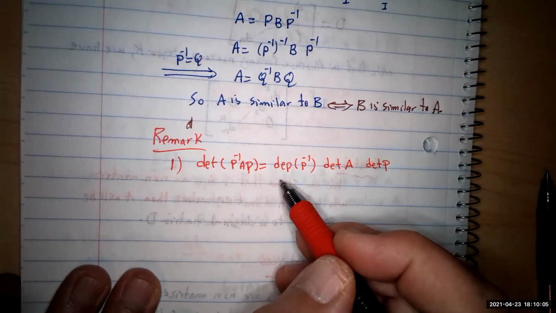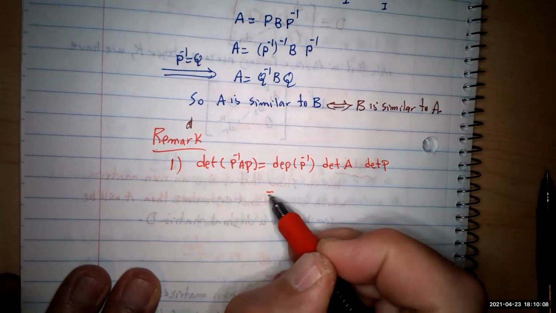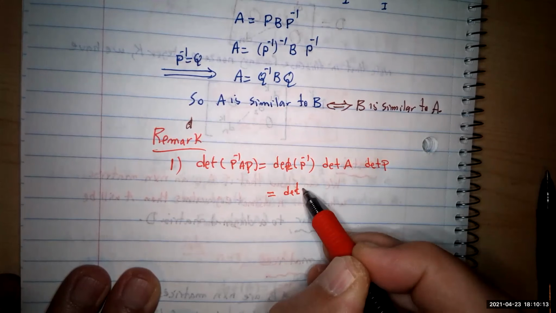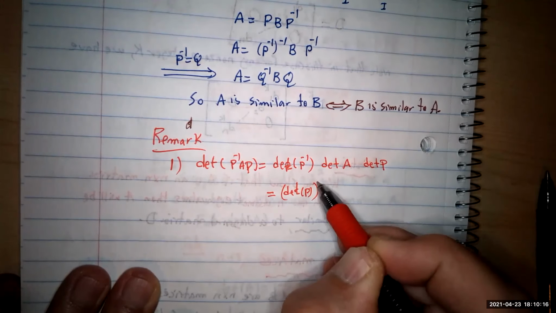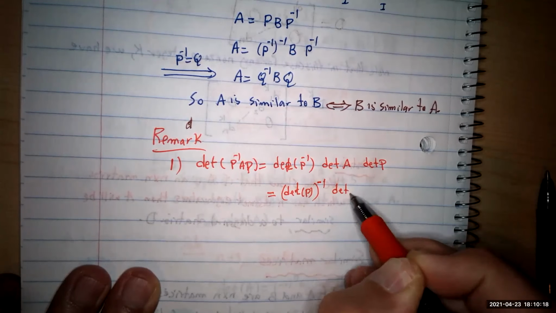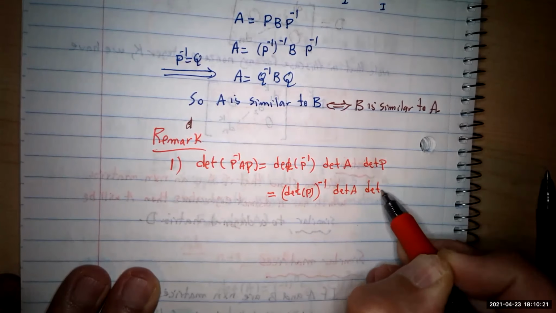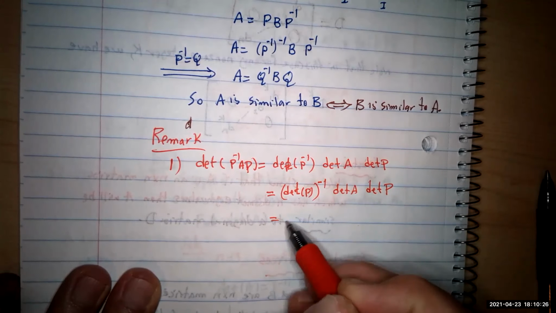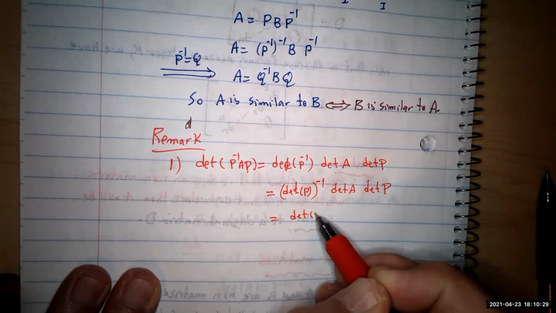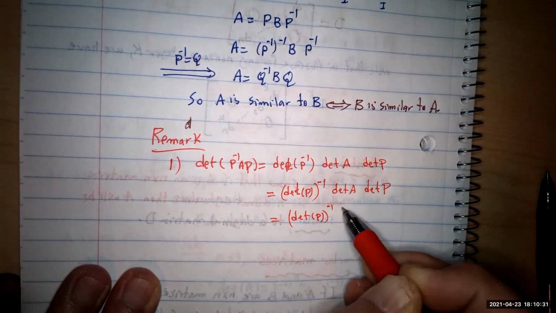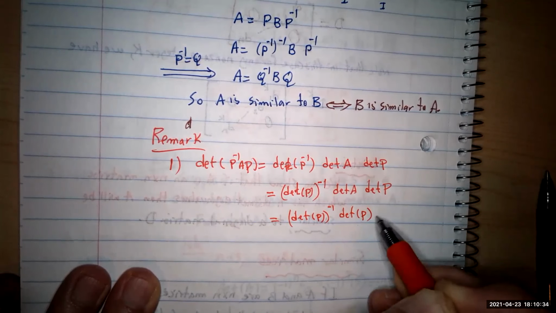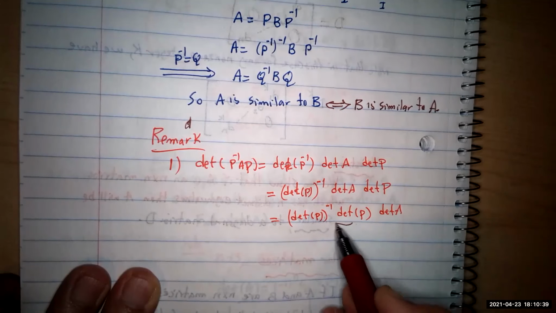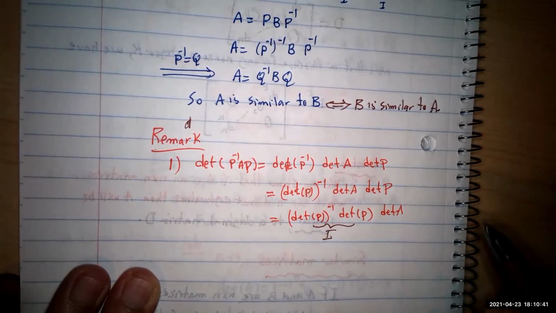But remember, the determinant of P inverse is just a number, the reciprocal of the determinant of P. So this is going to be 1 over det P times det A times det P. These are numbers, so they are commutative, and you put them together: the determinant of P inverse, the determinant of P, and the determinant of A. This is equal to 1, because one of them is the reciprocal of the other one.